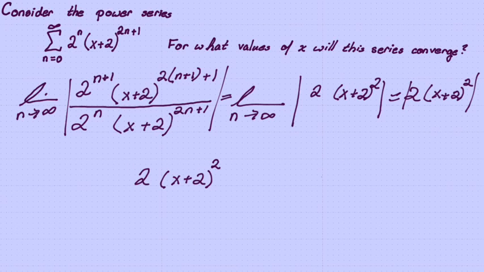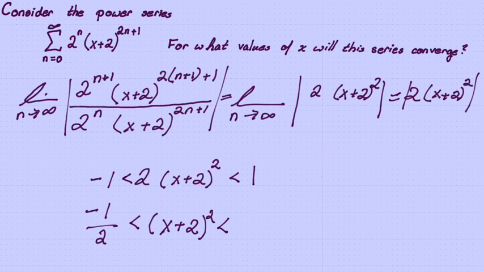And now this needs to be bigger than -1 and less than 1. I'll take the square root of both sides, and I'll end up with -1 over root 2, which I have to do because it's an inequality, less than x plus 2 less than 1 over root 2.